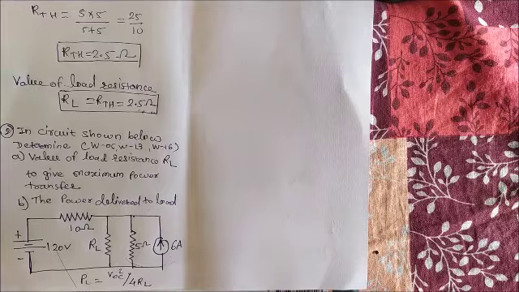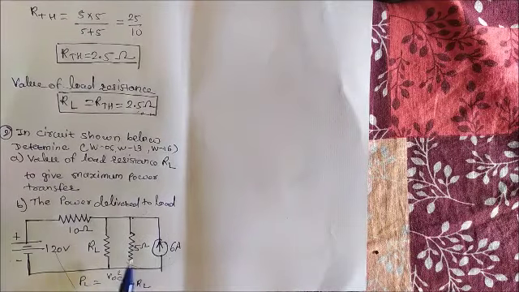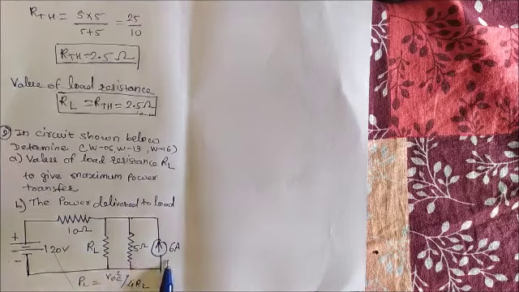In source transformation, if a current source is given to you and we have to convert it into voltage source, then the resistance parallel with the current source gets multiplied to get the equivalent voltage source, and the resistance in parallel with the current source converts into resistance in series with the voltage source.